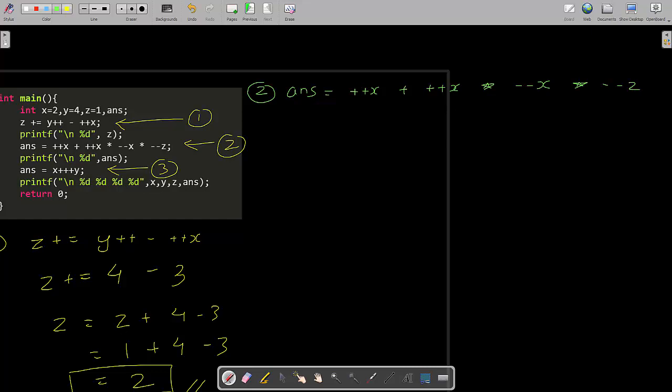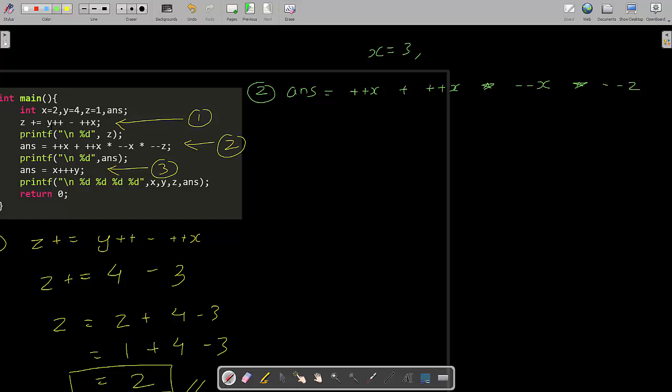Before doing this statement, because there was an increment or decrement operator before this expression, you should always find out the current values of x, y and z. In the previous statement there was a pre-increment, so x currently is 3.